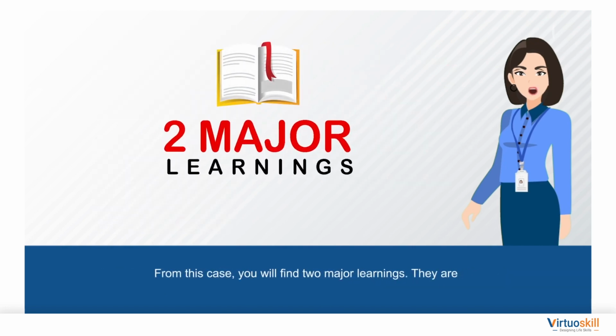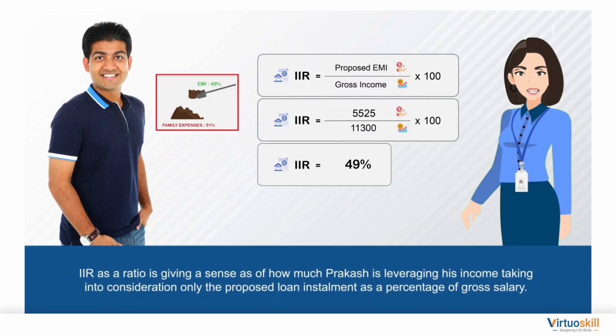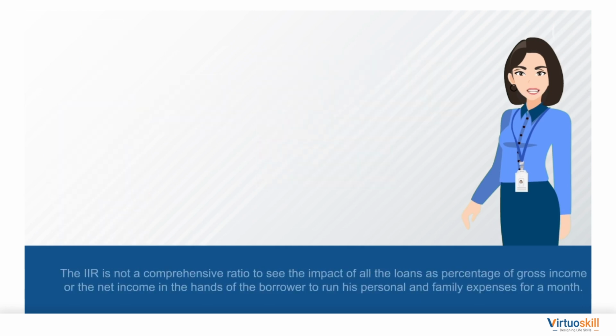From this case, you will find two major learnings. They are 1. IIR as a ratio is giving a sense as to how much Prakash is leveraging his income, taking into consideration only the proposed loan installment as a percentage of gross salary. 2.